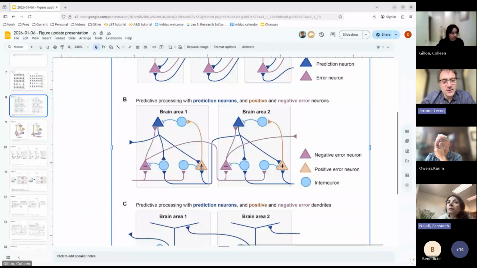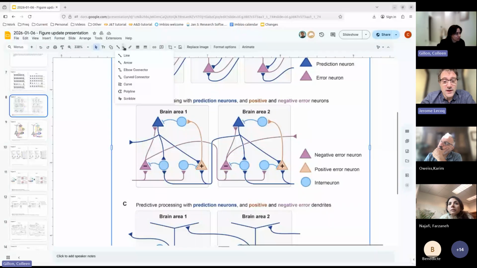The positive error neurons should in principle project up. They should follow the negative error, but they will not go to the same place because they are of opposite sign. So they will have to go onto the corresponding inhibitory neurons.